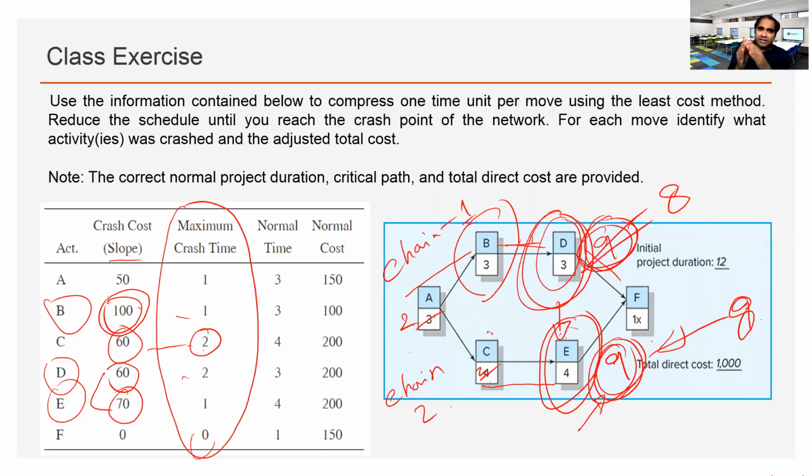You can reach up to the lowest point, and you can also identify the optimum point. So this is all about identifying the extra cost you need for per day reduction in the project duration.